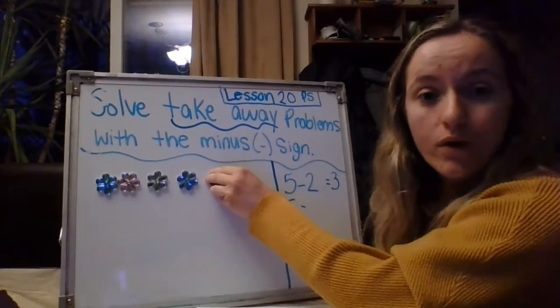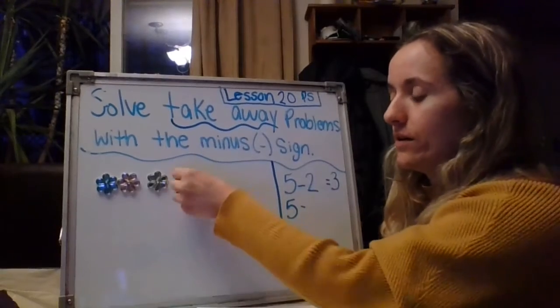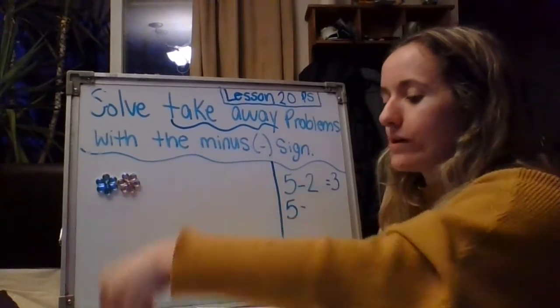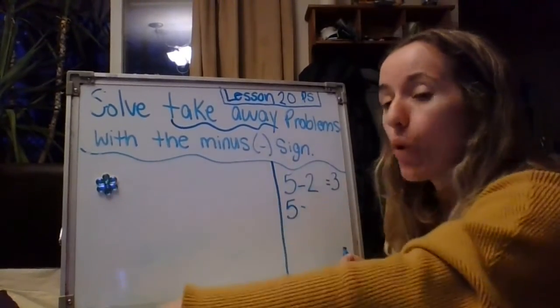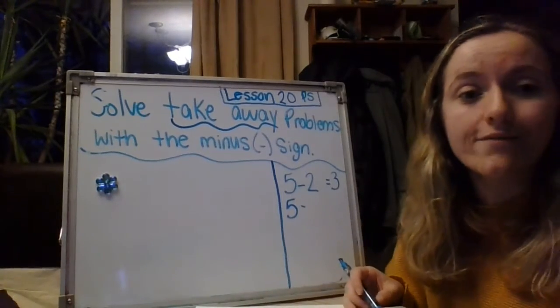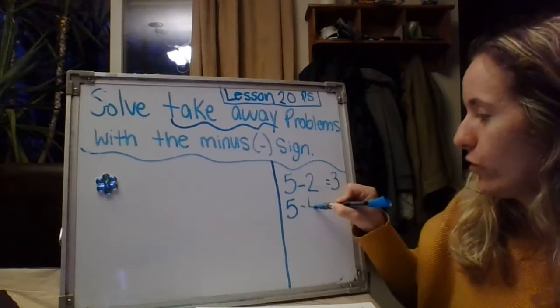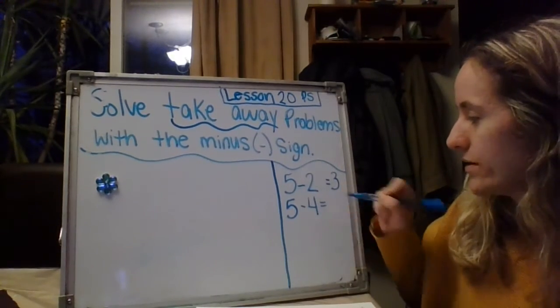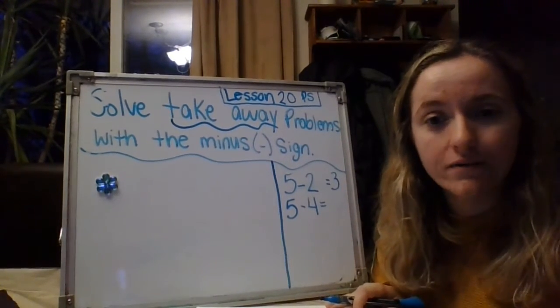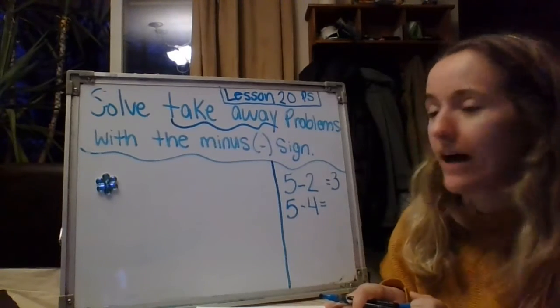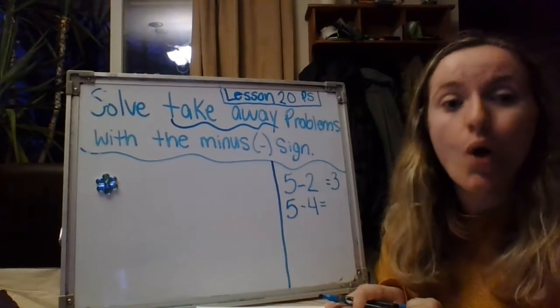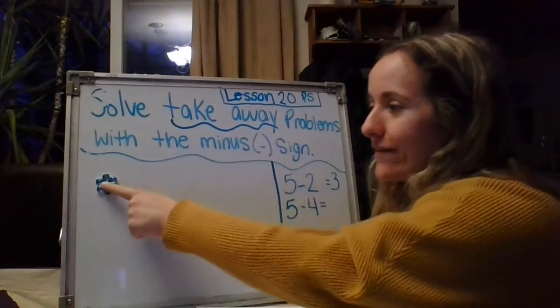Count with me as I take 4 flowers away. 1, 2, 3, and 4. So I just took away 4 flowers. So I have 5 minus 4 flowers equals, how many do I have left? Shout out the number of flowers I have left. 1 flower left. Great job.